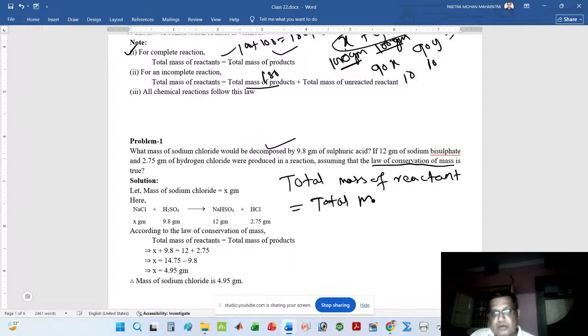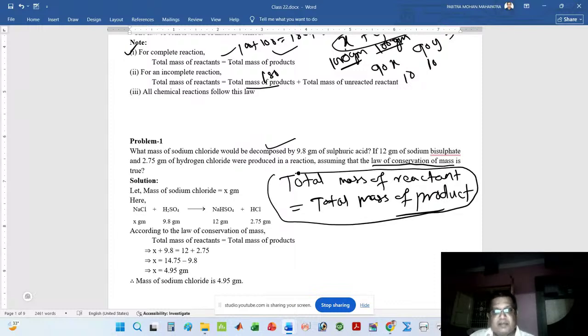Total mass of the reactant is equal to how much? Total mass of the product. This is the main concept. Since this chemical equation obeys the law of conservation of mass, you can directly write down that total mass of the reactant is equal to total mass of the product.